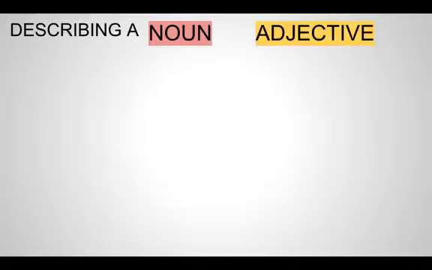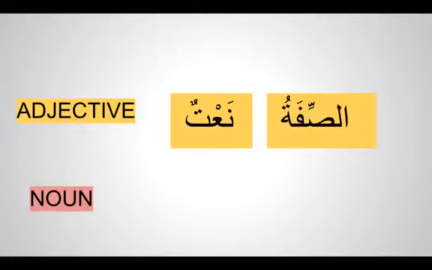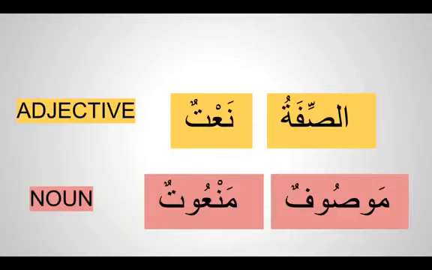So what do we call this noun and these adjectives in Arabic? This is what we're going to learn. It's very simple, very easy, inshallah. The adjective is called naat, or it's also called as-siffah. We have the noun which is being described, which is called man'ud, or it's called mawsoof.